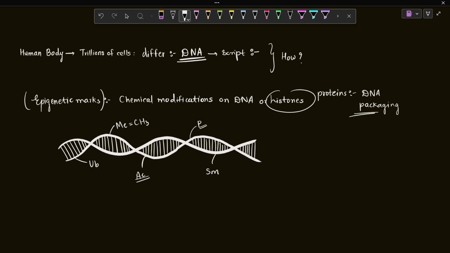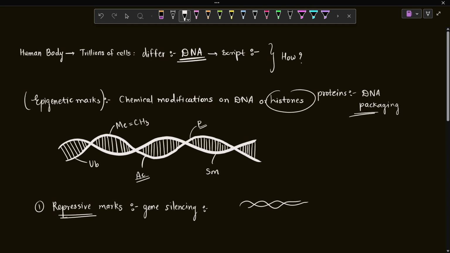So epigenetic marks are of two types. One, repressive marks. As the name suggests, repressive means repression. So this results in gene silencing. It means if the epigenetic mark is added on the DNA, that gene will be silenced. So this is the DNA and I add an epigenetic mark here, and this is a repressive mark.